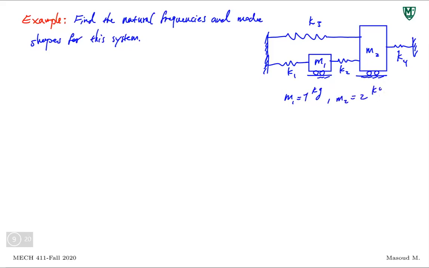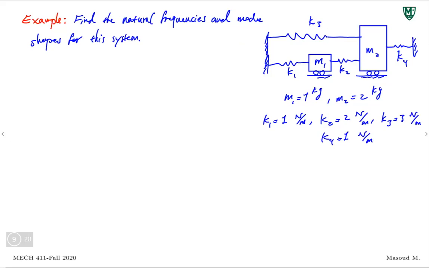M2 is equal to 2 kilograms. And a series of K values. K1 is 1 Newton per meter. K2 is 2. K3 is 3. Also, we get K4 as 1. So those are the system parameters that you need.